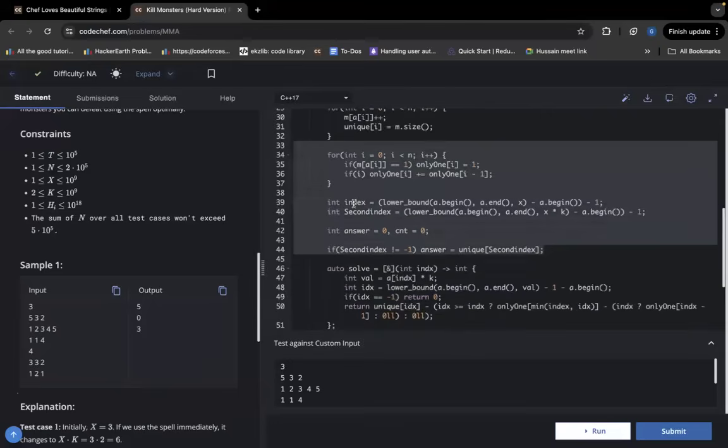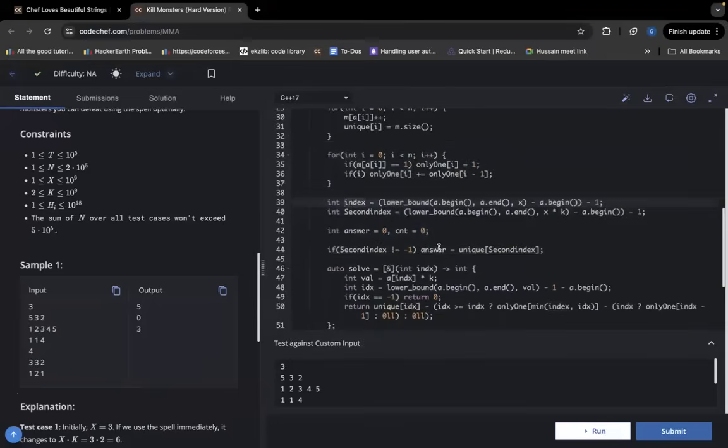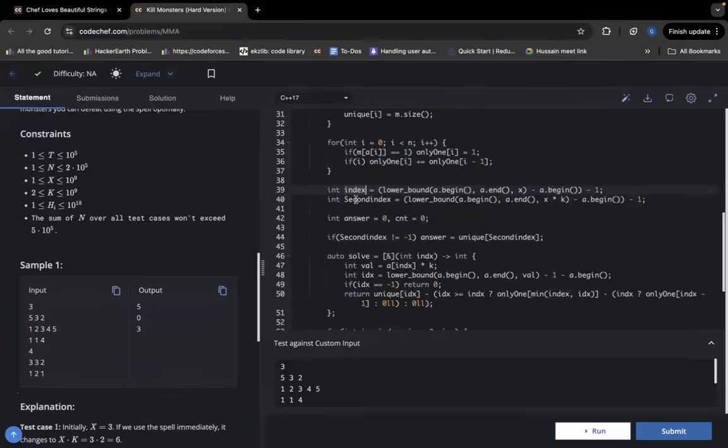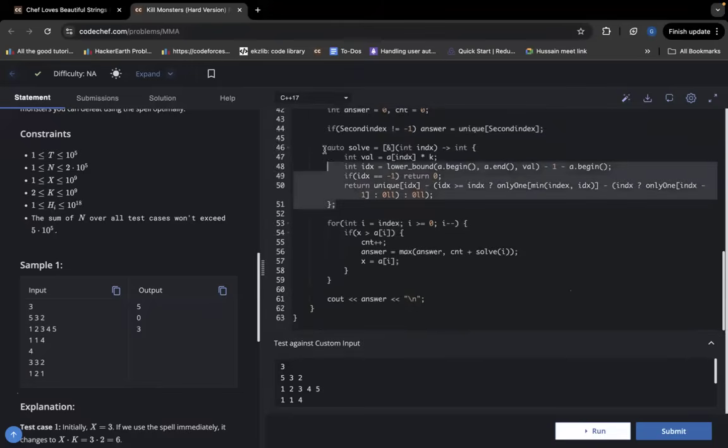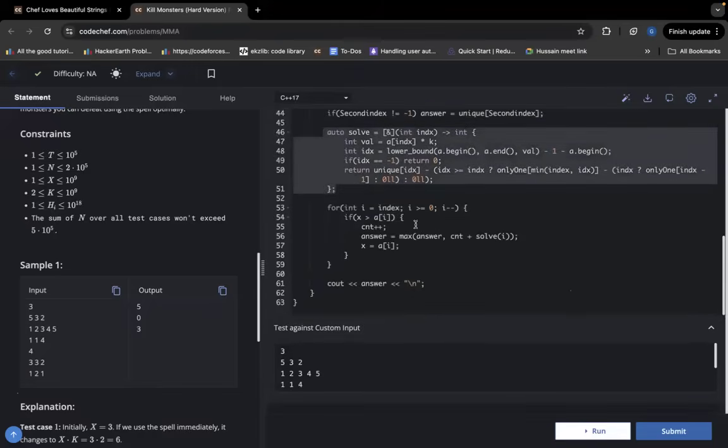Okay. So if this much is clear, I start with my first approach. I have started at index i equal to index and I would be going leftwards. Just ignore this for now. I will be showing you all what to do. I start at i equal to index and I go while i is greater than or equal to 0, i minus minus.